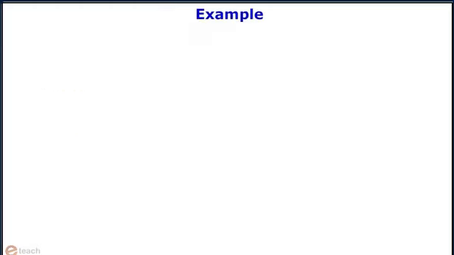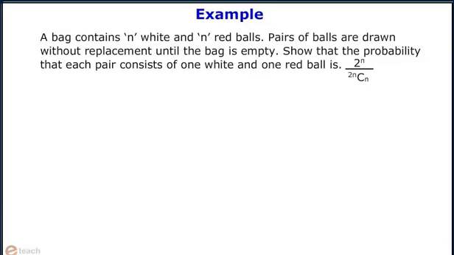Example: a bag contains n white and n red balls. Pairs of balls are drawn without replacement until the bag is empty. Show that the probability that each pair consists of one white and one red ball is 2 to the power n divided by 2n Cn.